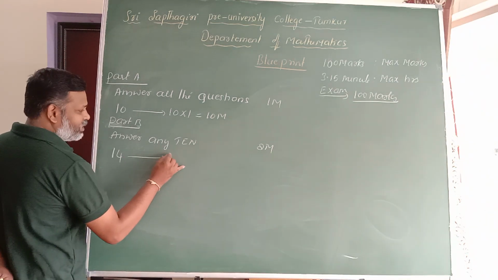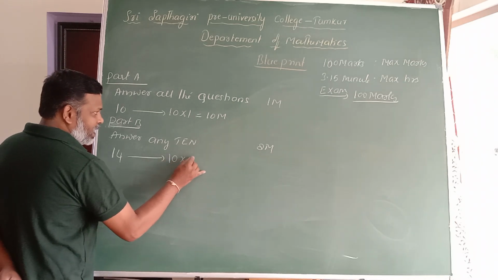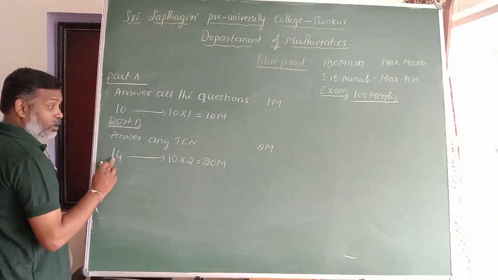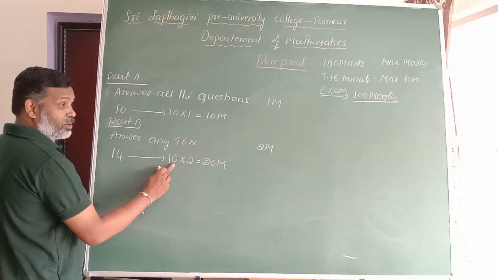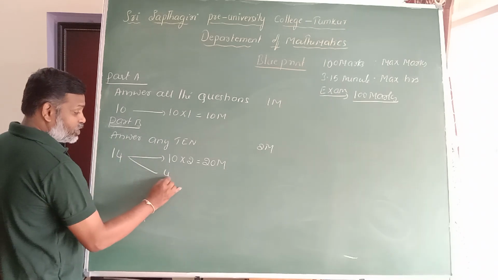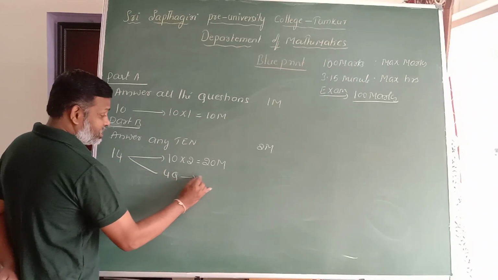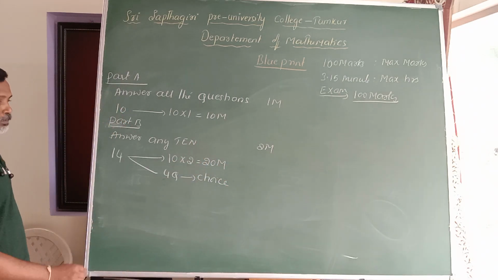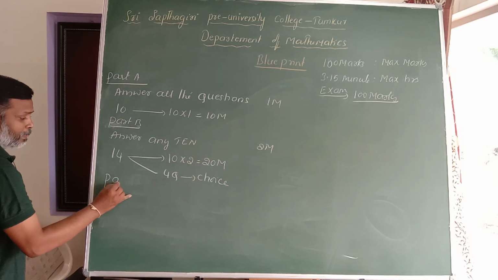You have to write only 10 questions. 10 into 2 is equal to 20 marks. You may ask, sir, 14 are given and 10 have to be attended, each carries 2 marks, 20 marks. Here 4 questions are choice.